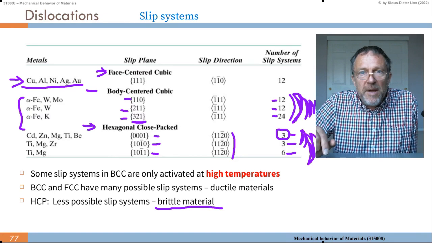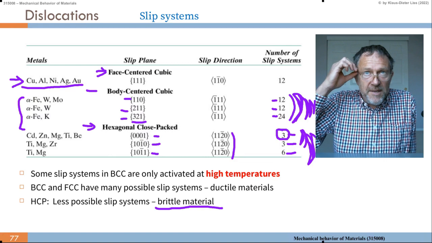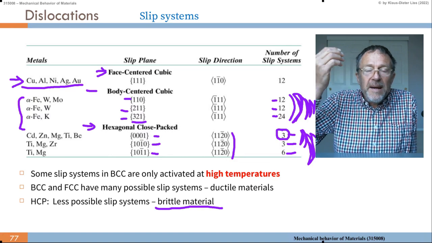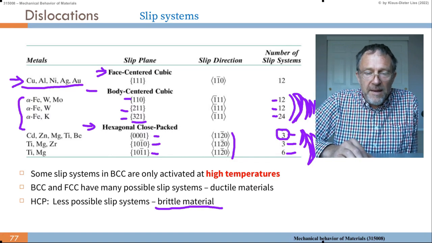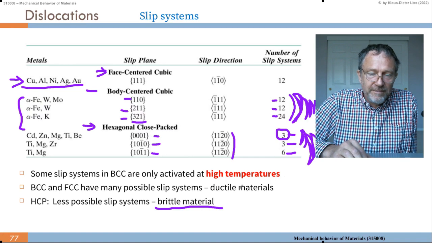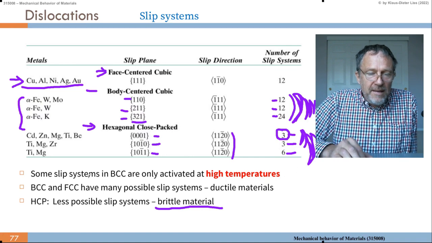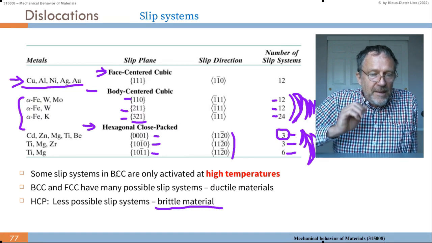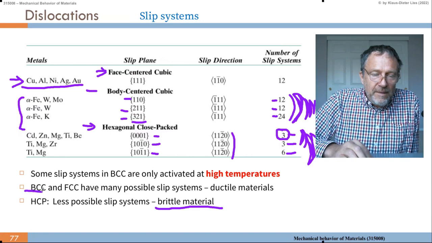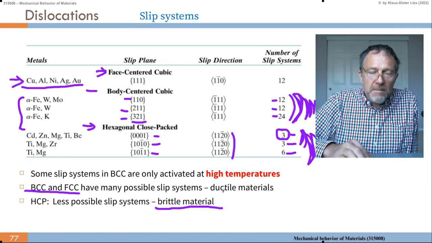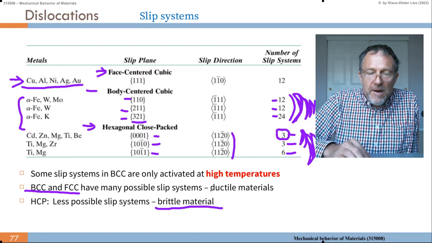There's another deformation process we are not talking about so much in this lecture, which is twinning, crystallographic twinning. The BCC and FCC metals have many possible slip systems, and therefore the material is ductile.